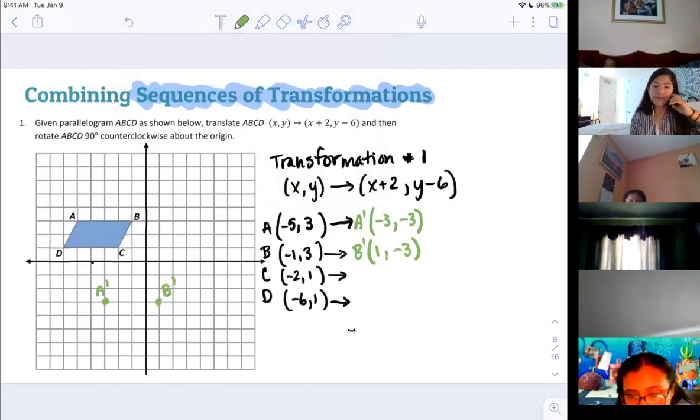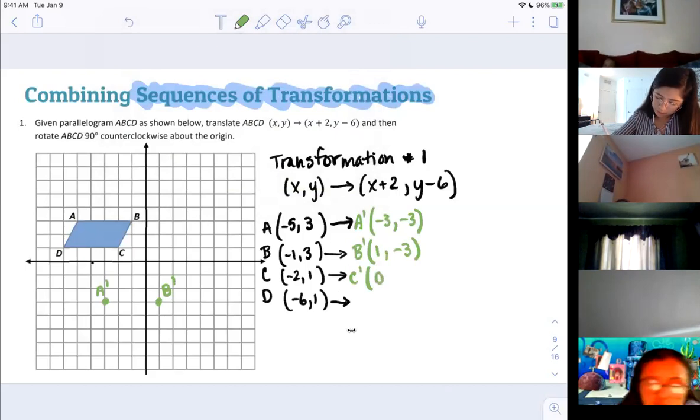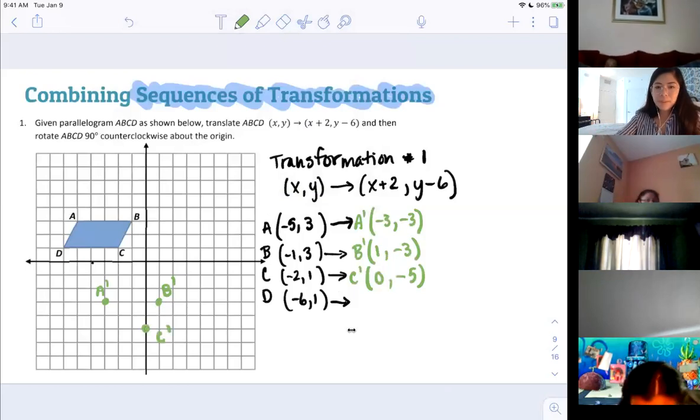There's my B prime. Now I go on to C. Same thing. Negative 2 plus 2 is 0. And 1 minus 6 is negative 5. So there's my C prime.